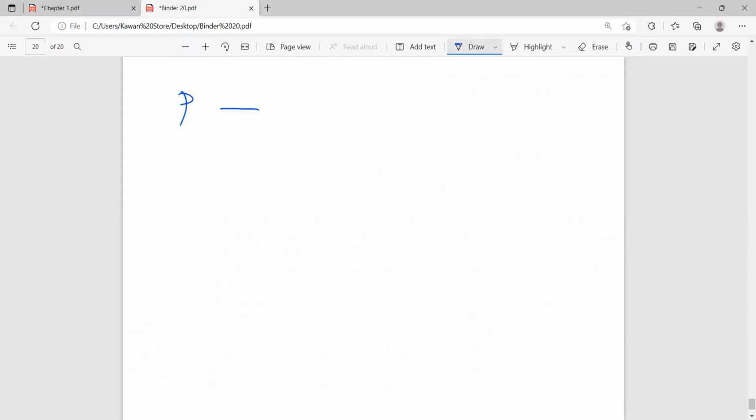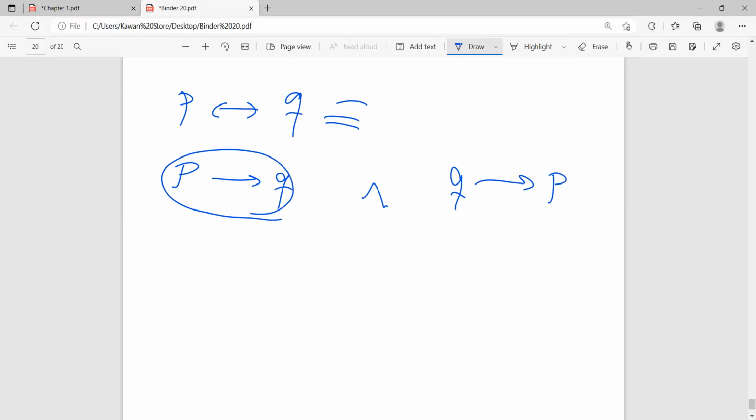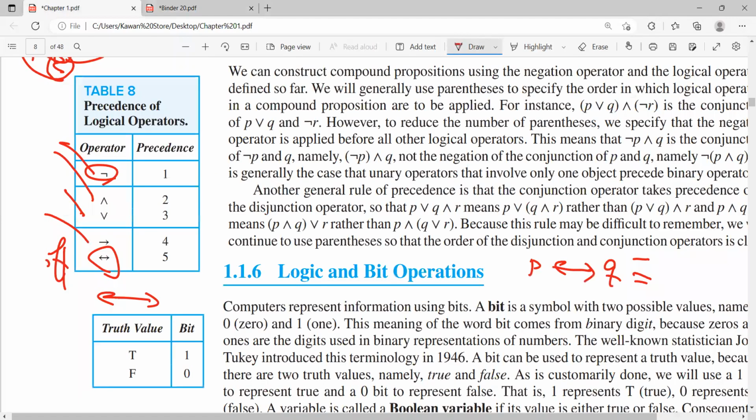P if and only if Q is equivalent to P then Q, and Q then P, and you find the result of that. Understood? Later we are going to extract that, but not now. So precedence means the priority of the logic operators, meaning and, or, then, negation. Do you have any question about this part?